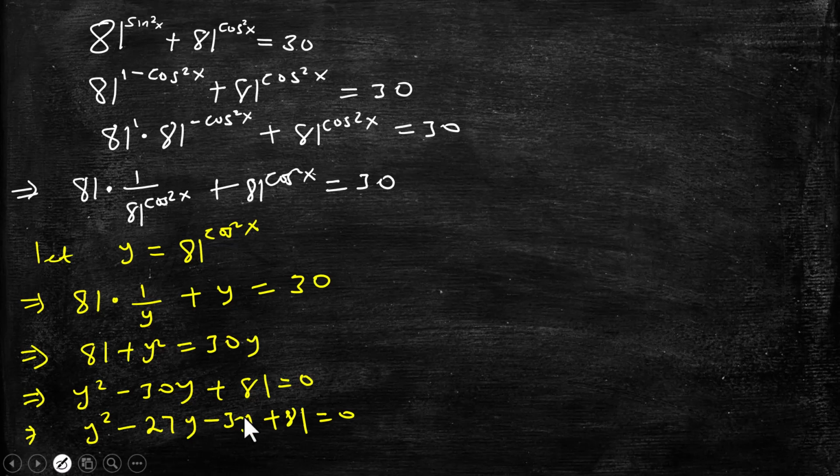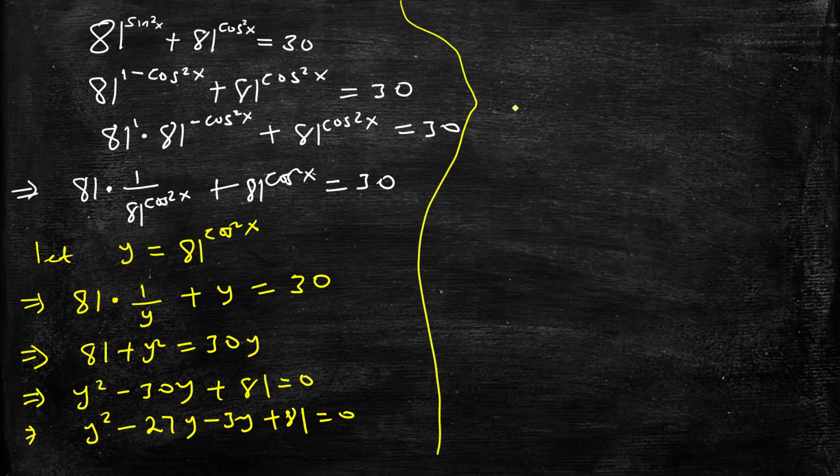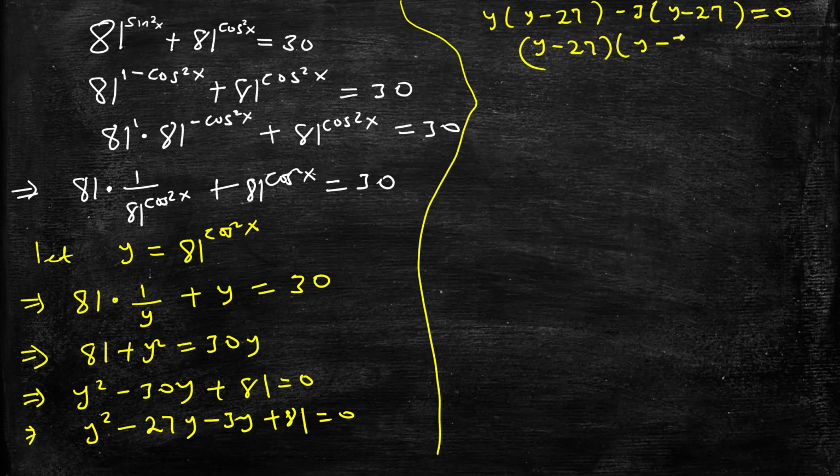Taking y out, y minus 27, and minus 3 out, y minus 27. So we have y minus 27 in common, and the other factor y minus 3 equals 0. So the answer for y is 27 or 3.